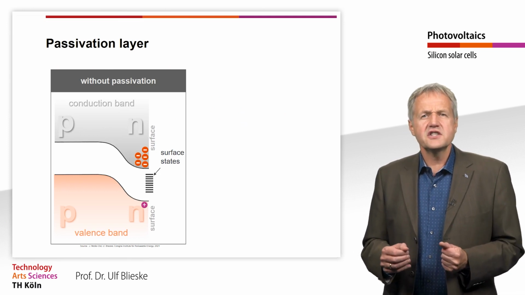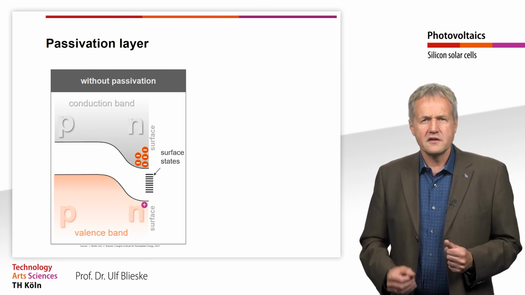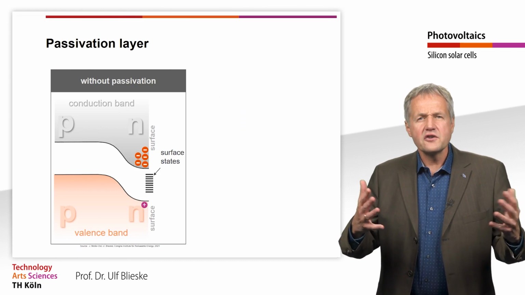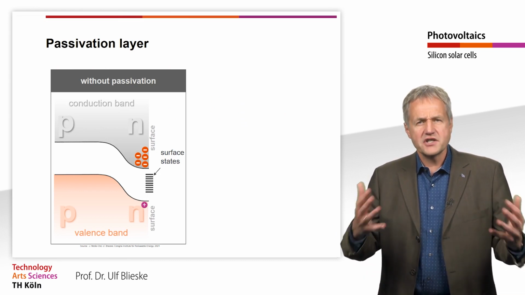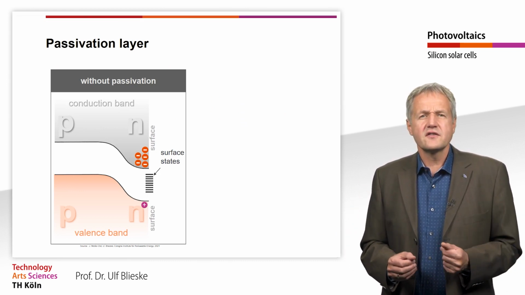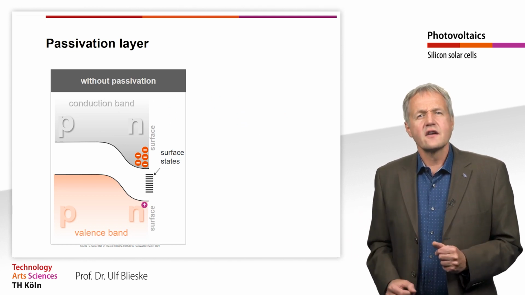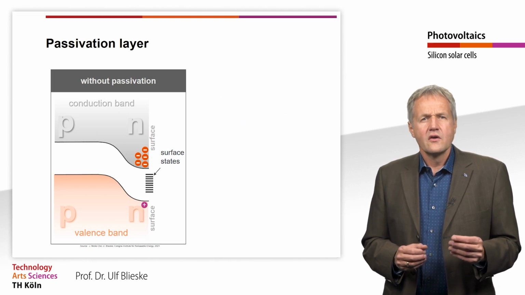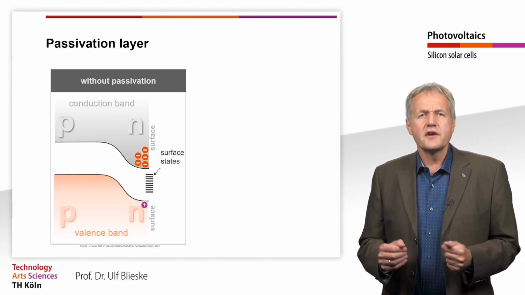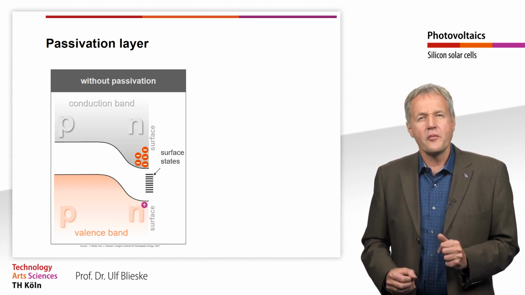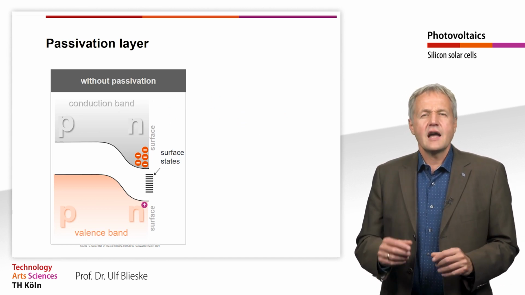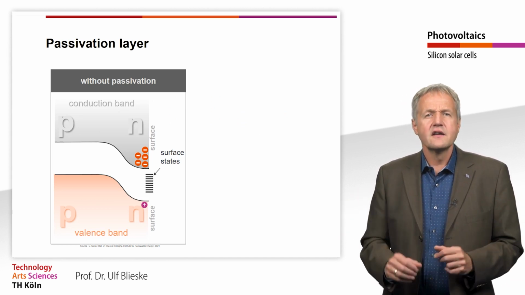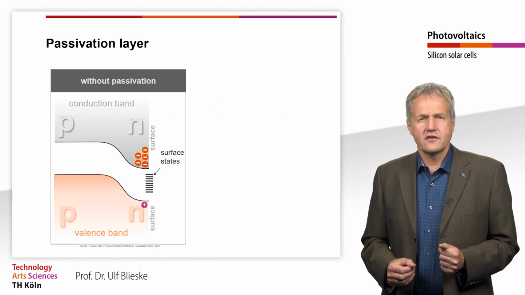As mentioned in the teaching unit on loss mechanisms, there is an increased recombination of charge carriers on the surface at defect sites that are located here. We have also already learned how to reduce this surface recombination, namely the application of an insulating layer that passivates the surface.